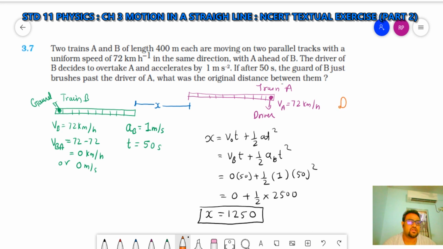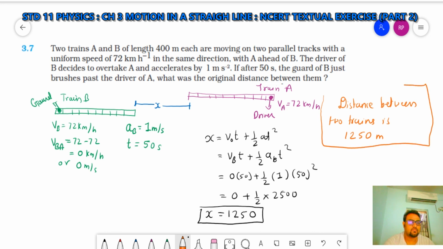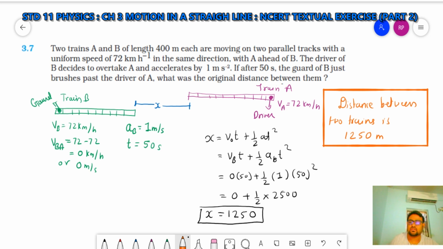So the distance between the two trains is 1250 meter, because the acceleration is in meter, so my answer is in meter. Okay, this was about 3.7.